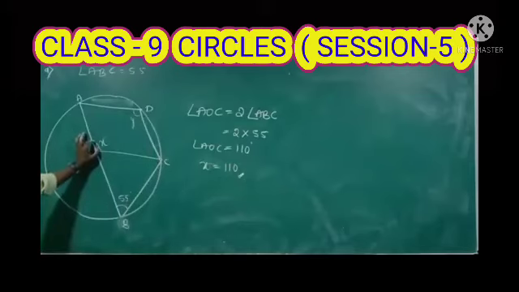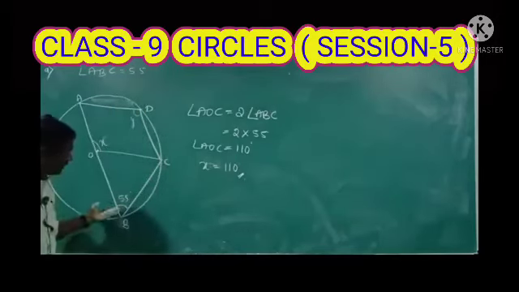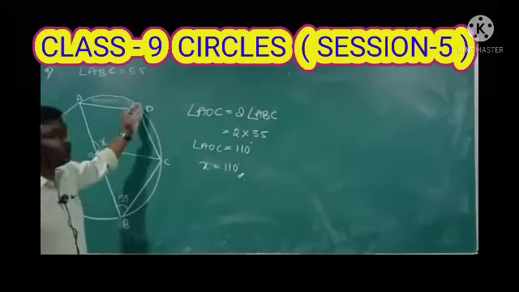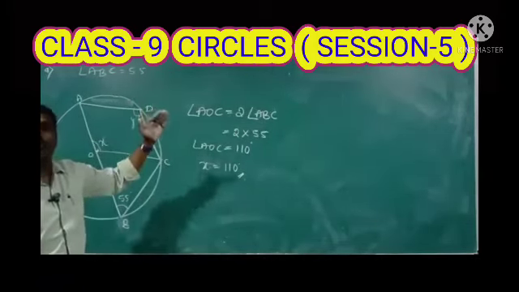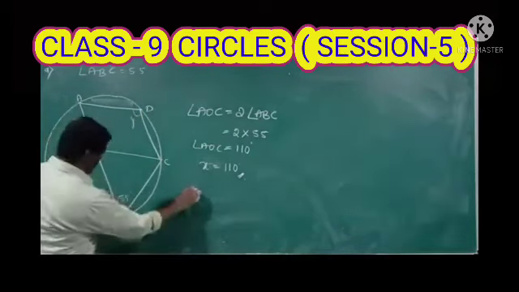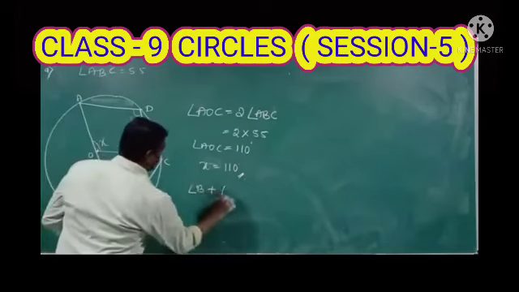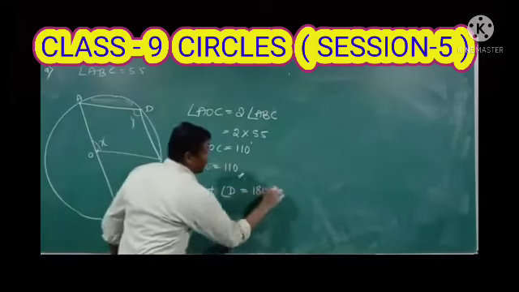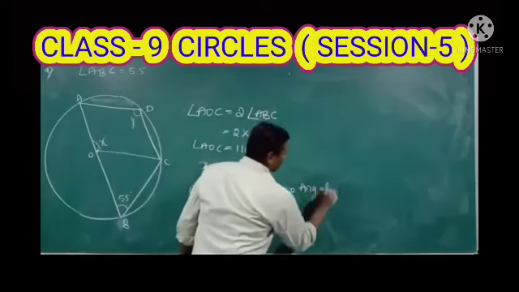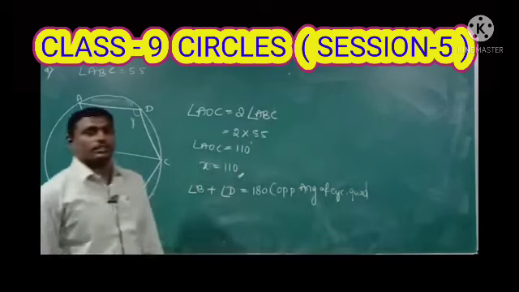ABCD is a cyclic quadrilateral. In that, angle B is opposite to angle D. The sum of the opposite angles is supplementary in a cyclic quadrilateral. So angle B plus angle D is equal to 180 degrees. These two are the opposite angles of a cyclic quadrilateral, which are always supplementary.